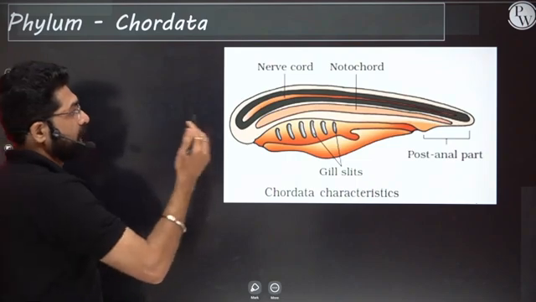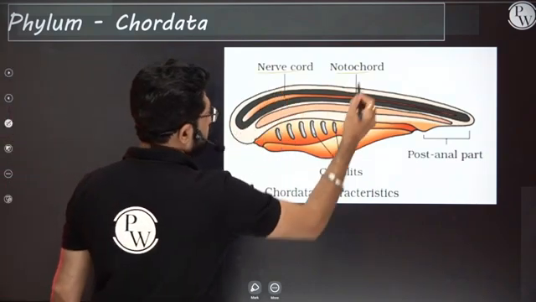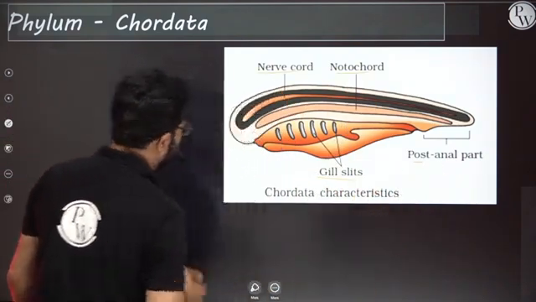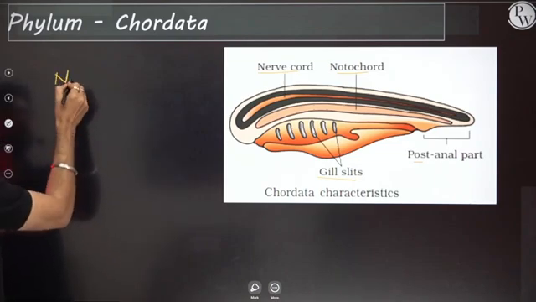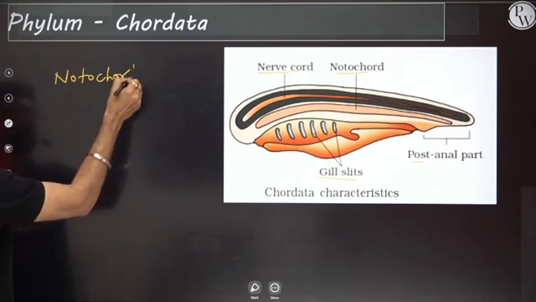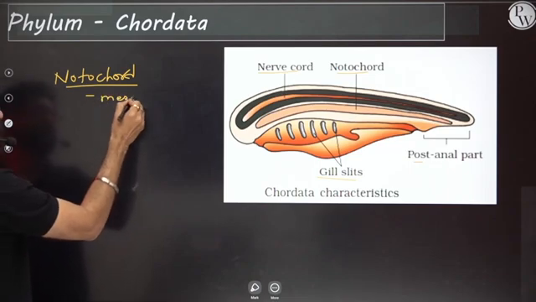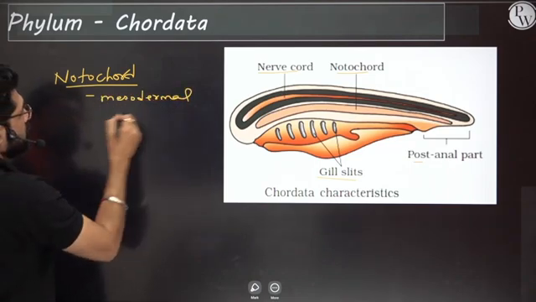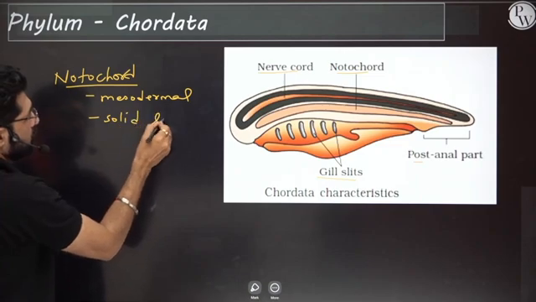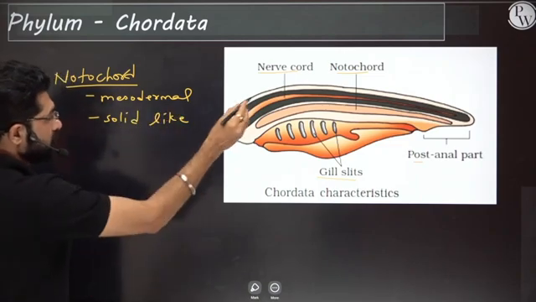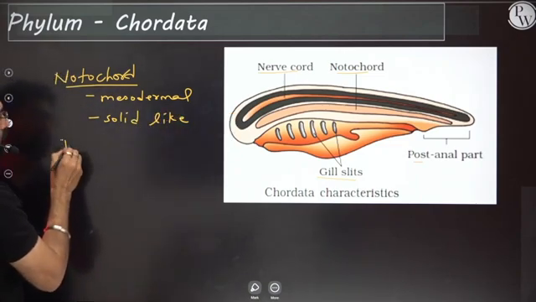So why is it called phylum Chordata? Because of the presence of 4 major characteristics. What are those 4 major characteristics? One is the notochord, which is mesodermal, solid like. Next you see the dorsal hollow nerve cord.